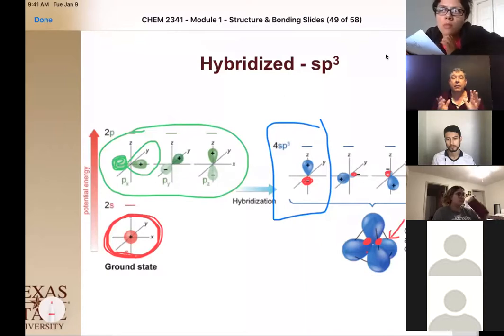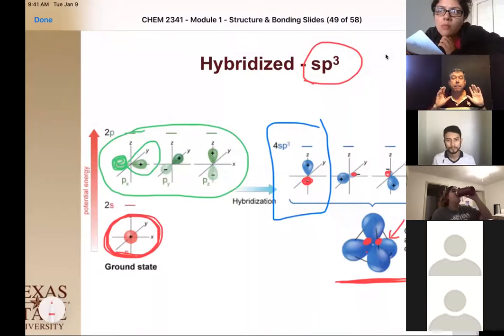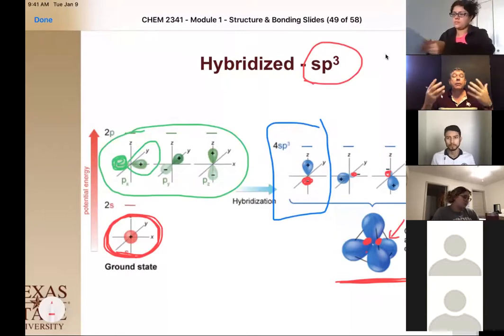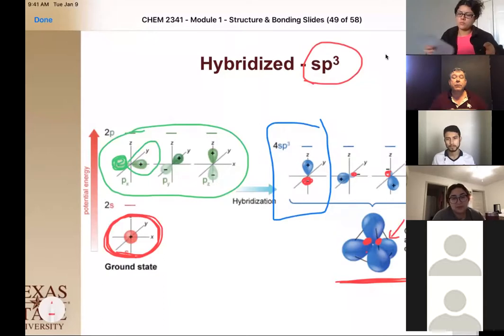Now, this is going to be what we call sp3 hybridized: 1 s orbital, 3 p orbitals for a total of 4 equivalent orbitals, which gives us this tetrahedral shape. Okay, questions on that? So because of this hybridization, we now are getting an agreement with our valence shell electron repulsion theory, saying it would be tetrahedral to have them spread out as much as possible.